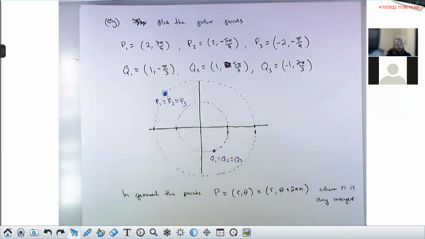So once you have your theta value, you can either add or subtract 2 pi, and you'll get another one, right? So if you subtract 2 pi from 3 pi over 4, you get -5 pi over 4. That's where I got this.